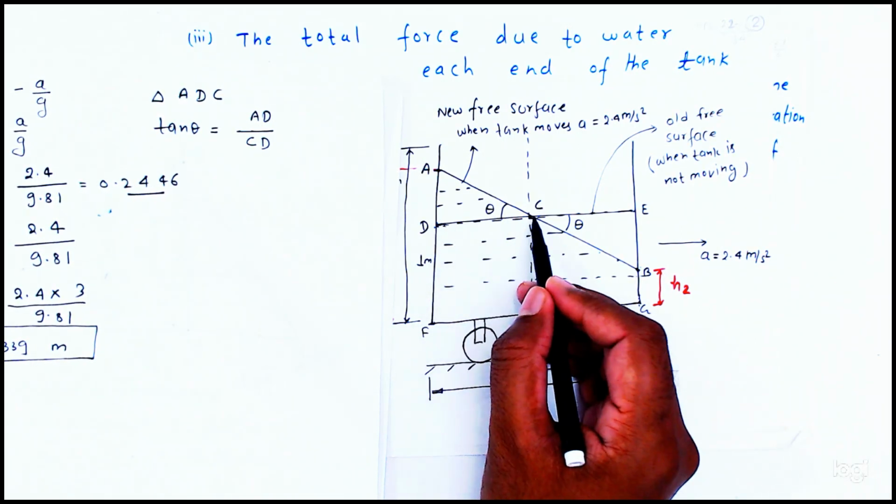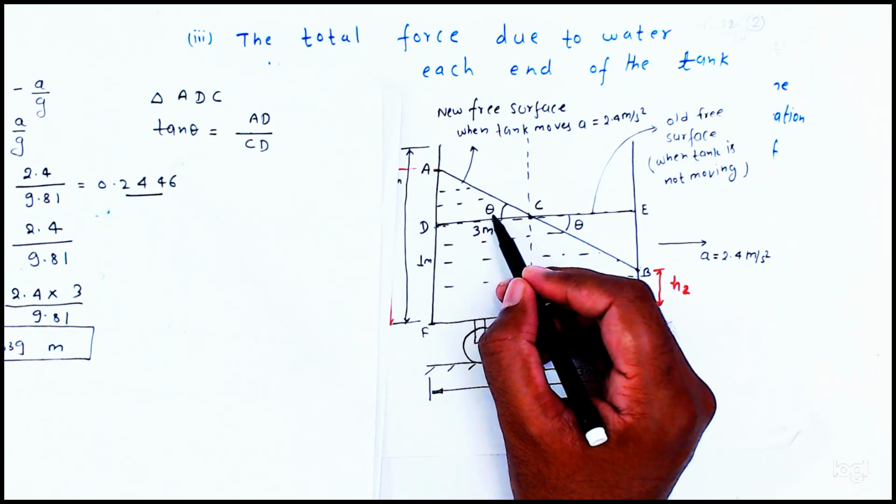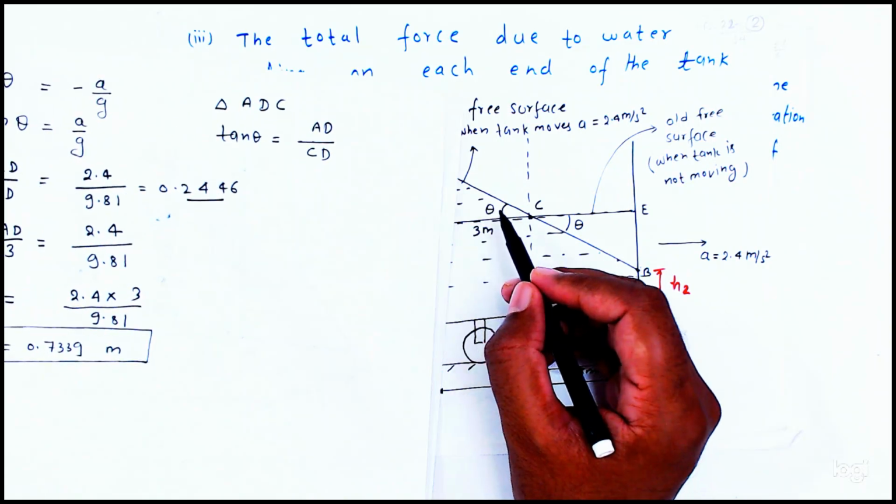So CD is equal to 3 meter, and theta we know was already calculated here.